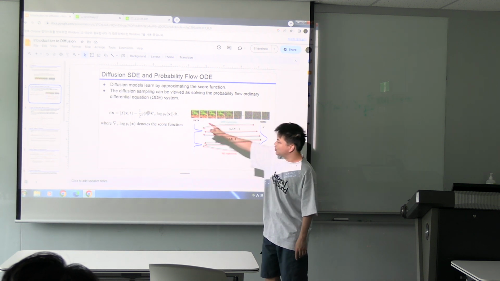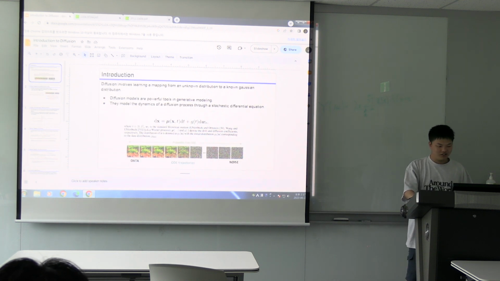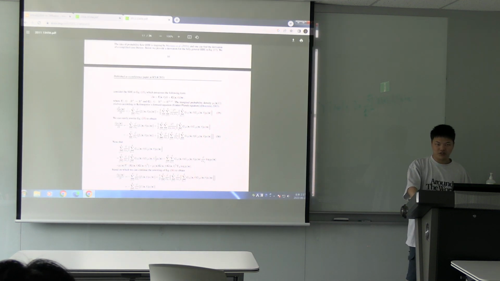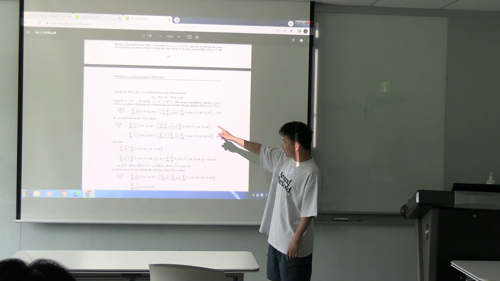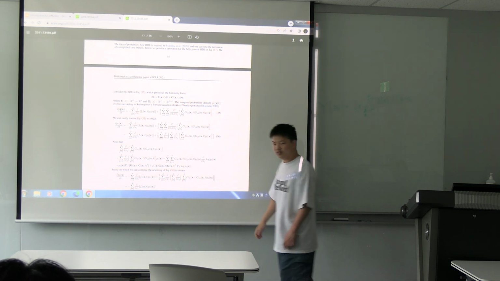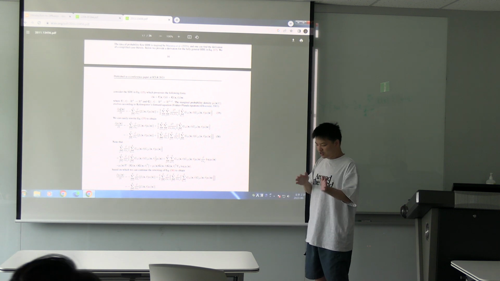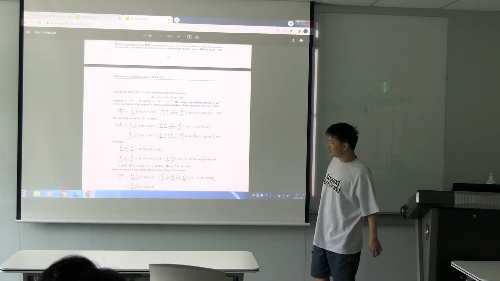But to prove that this is equivalent to this thing here, they prove it using the marginal distribution p_t(x). And p_t(x) is a function of t and x, so it's a partial differential equation essentially. They use a partial differential equation to prove that these two equations are equivalent, but we use the ODE to solve it. If that makes sense. Makes sense.